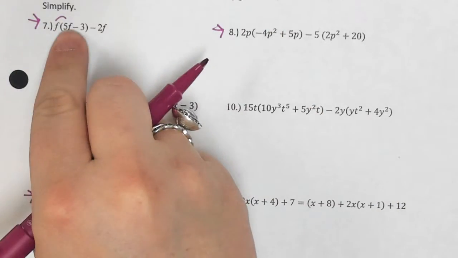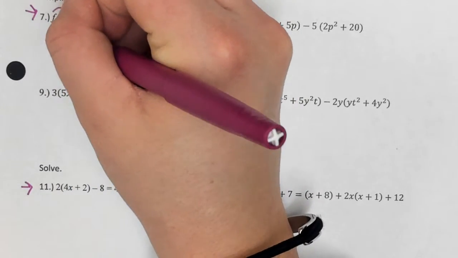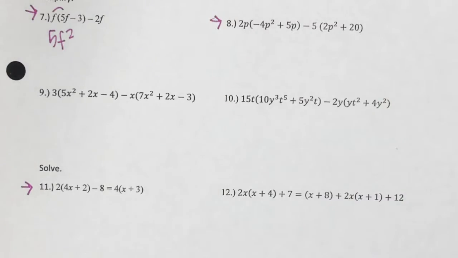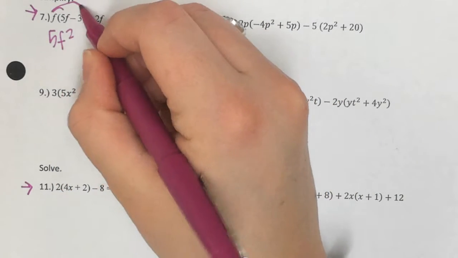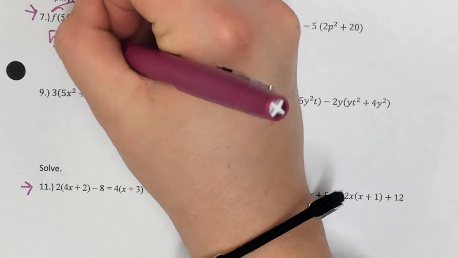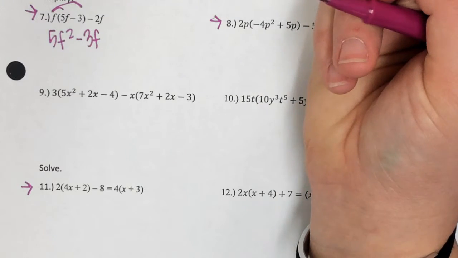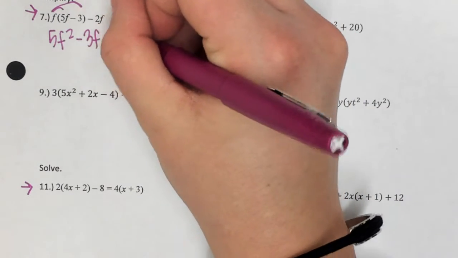F times 5f is 5f squared. Always put your coefficient first. What is a coefficient? A number. Okay? 5f squared. 5 times negative 3 is negative 3f. Bring down what's left over, which is negative 2f.